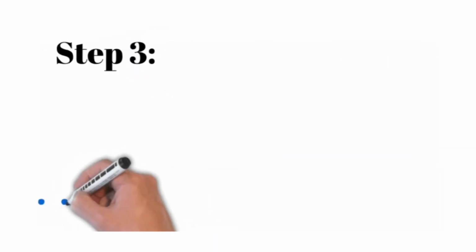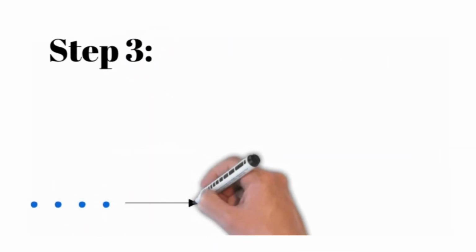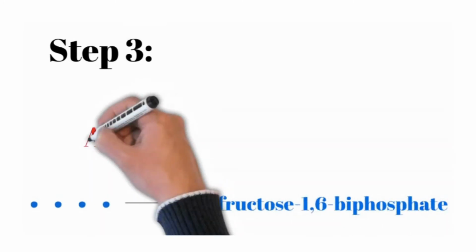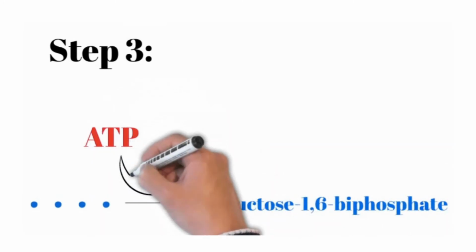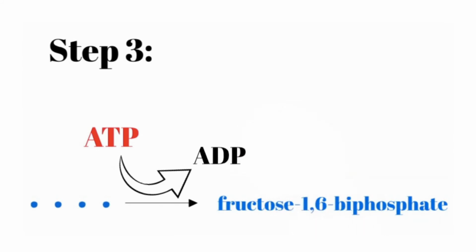Step 3 is utilizing another ATP molecule. And I'm not telling you what the substrate is that starts this reaction because it's not important for our purposes. What is going to be produced is fructose 1,6-biphosphate. And the 1,6 is suggesting, as is the bi, that this new molecule, fructose 1,6-biphosphate, has 2 phosphates on it.